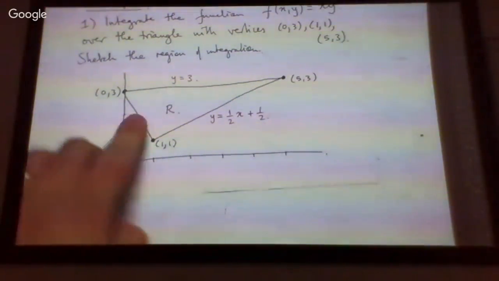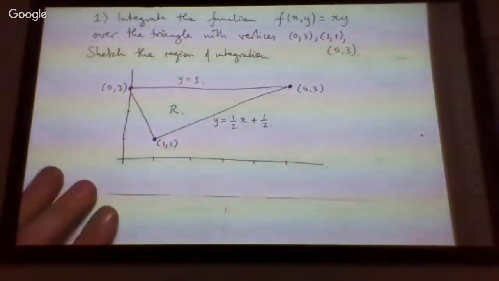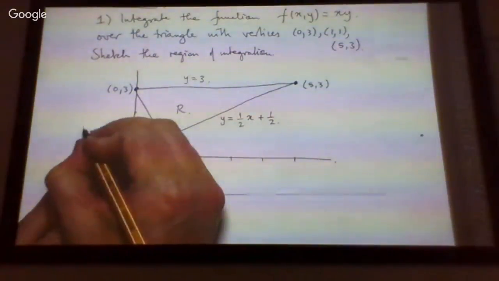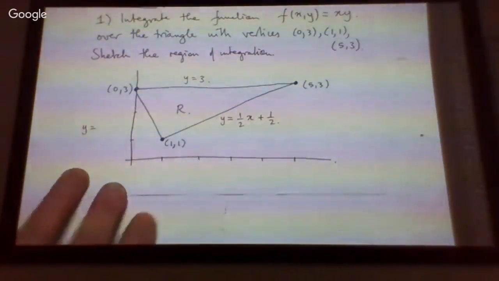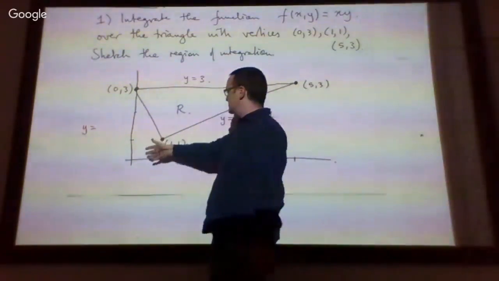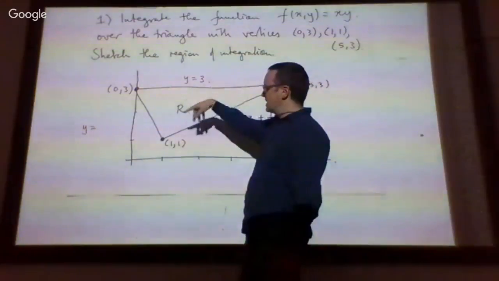And we probably will want the equation of the other line. So this is y equals mx plus c as well. This, of course, has negative slope. It's sloping downwards, and the gradient is the ratio of the y change over the x change.